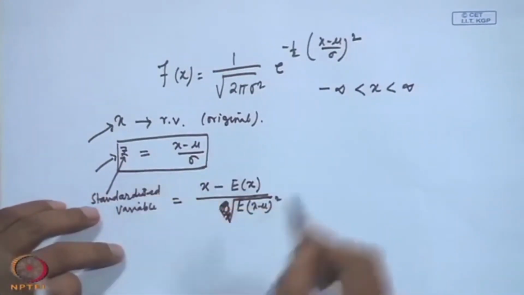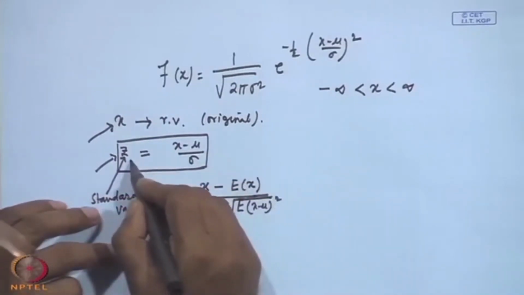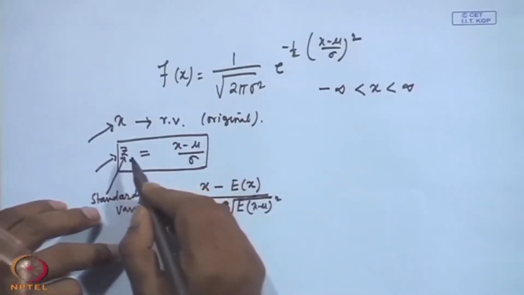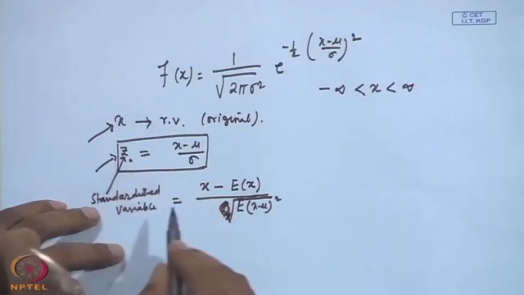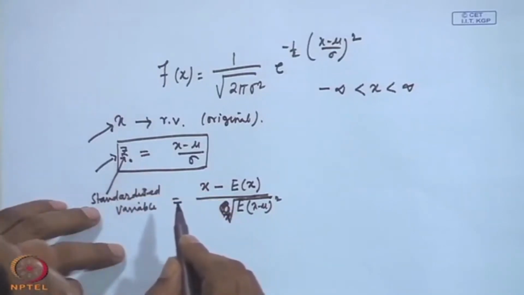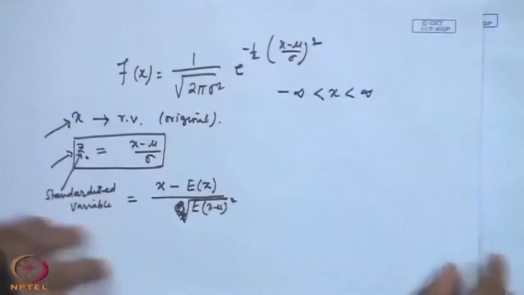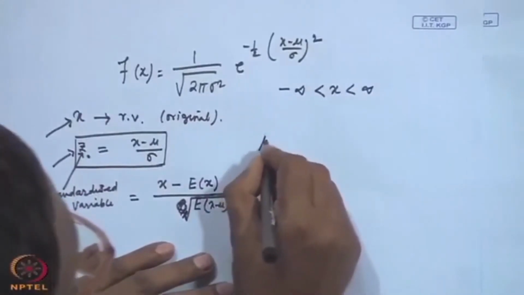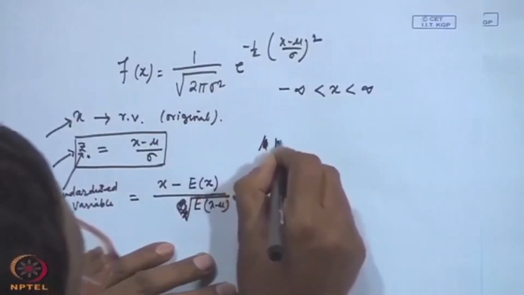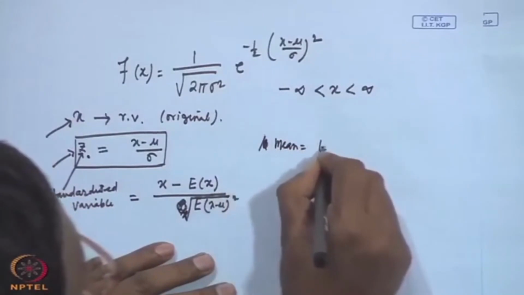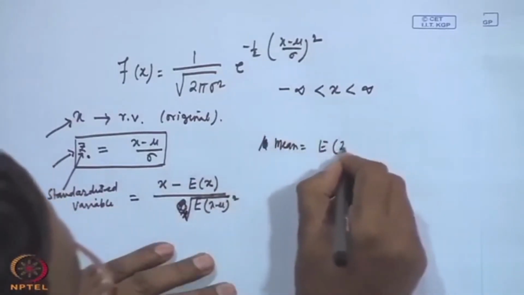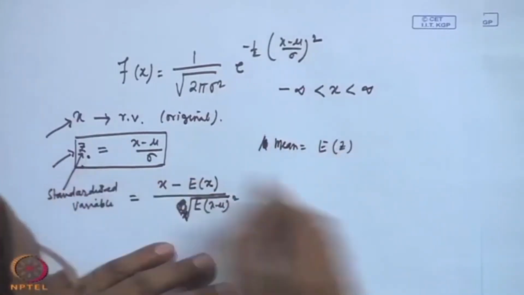Correct. Now, what will be the mean value of z? It is 0. How? Since the mean is subtracted. Suppose the mean is the expected value of variable z, written mu z.